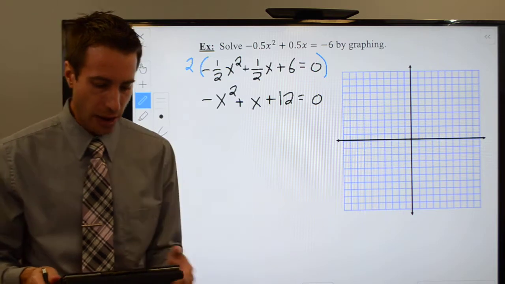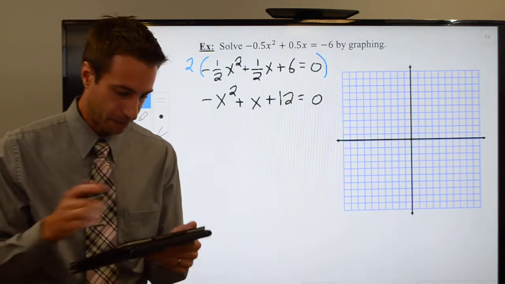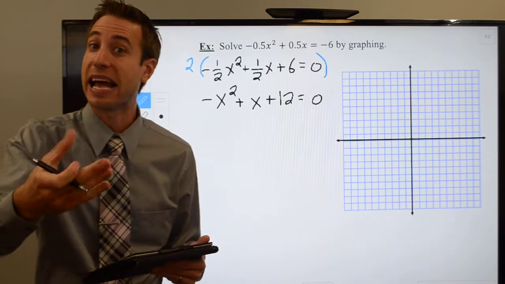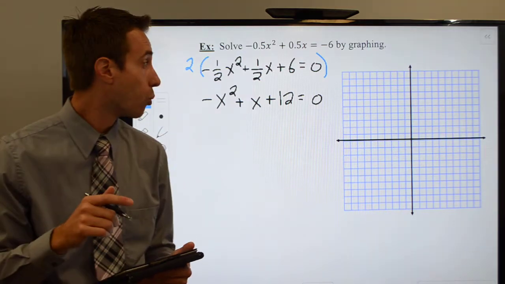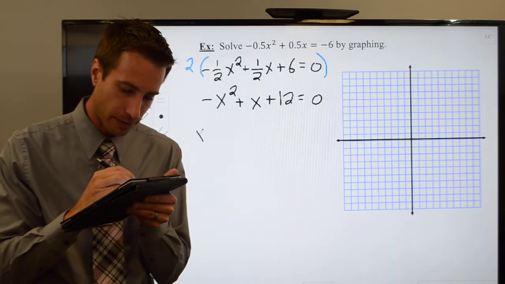All right, let's go ahead and graph this and see what we get. I need to set up an xy table, so what we're going to do is find my axis of symmetry.